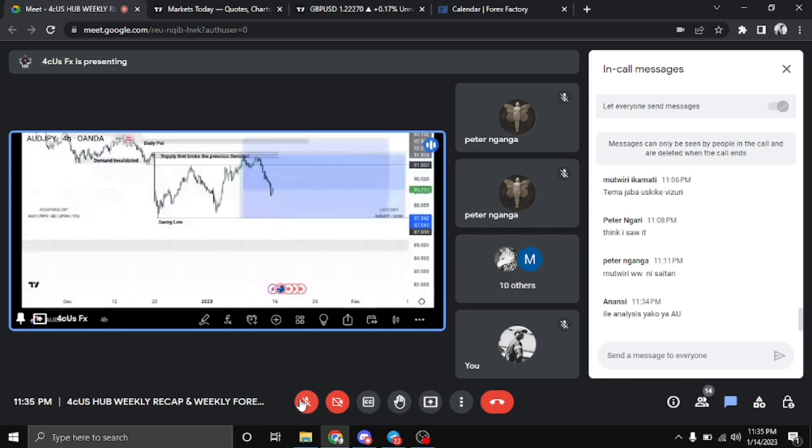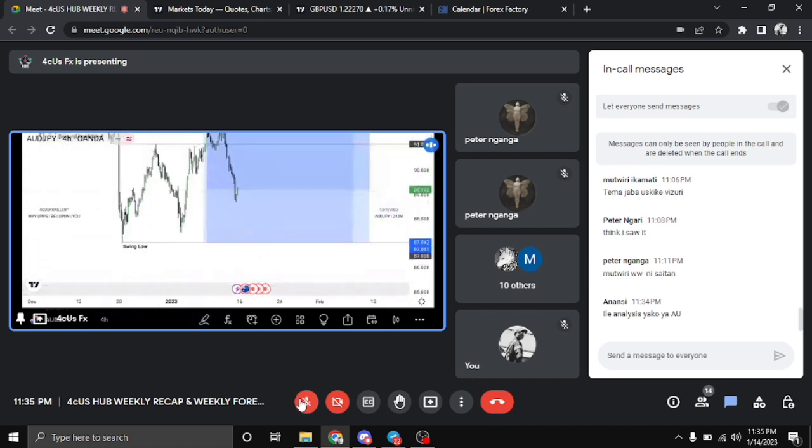But hapa hii demand iko mbali sana. So singepatia consideration mingi sana kwa hii demand. Instead hapa hivi sasa ningetulia tu nione venye hii USDJPY ita play out.